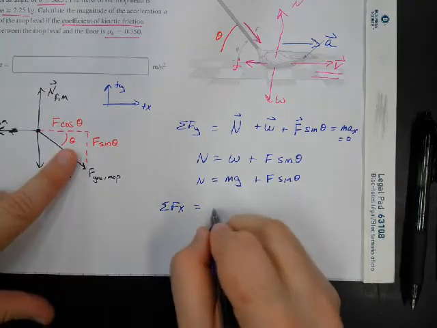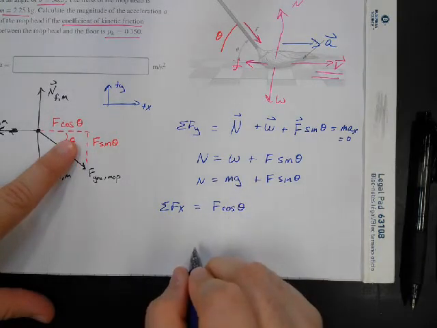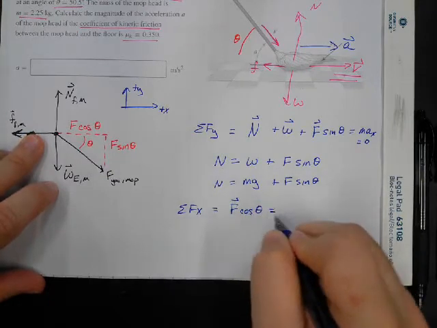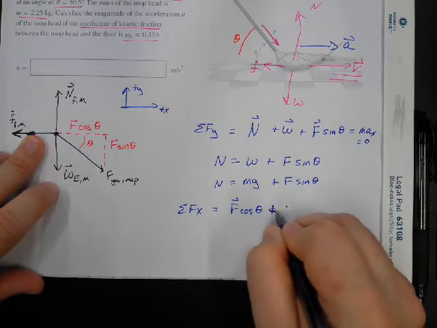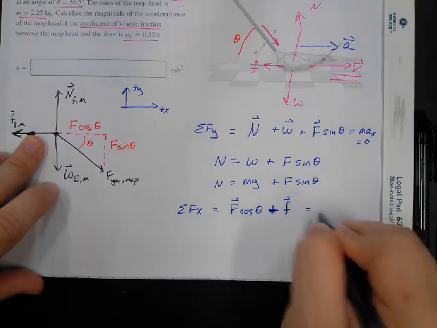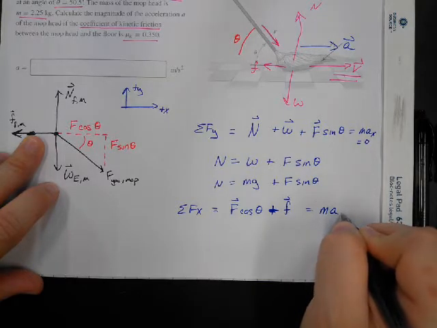So in the positive direction, we have F cosine theta. And in the negative direction, we have the frictional force. And that equals mass times acceleration.